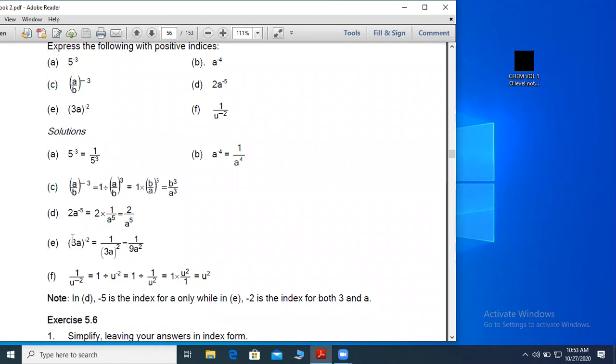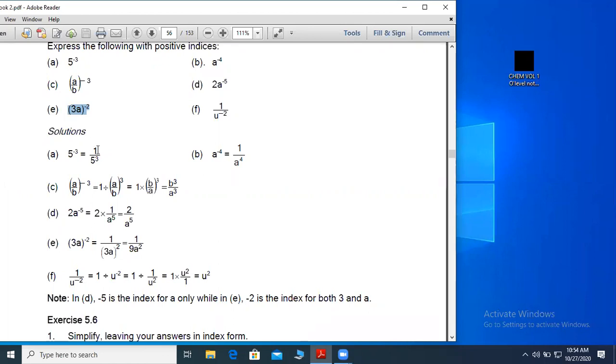Now 3a to power negative 2, the whole thing is in bracket. So the power of negative 2 is on 3a. So we change this power to positive, and then we get 1 out of the whole thing.